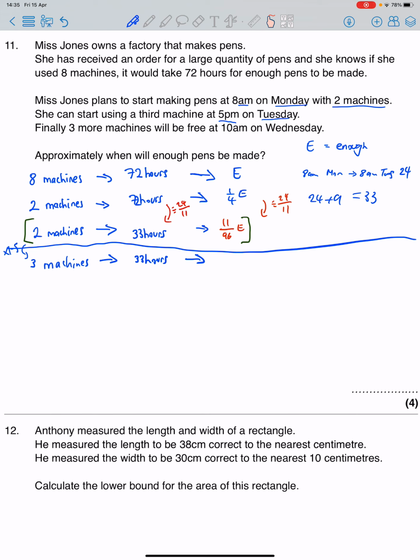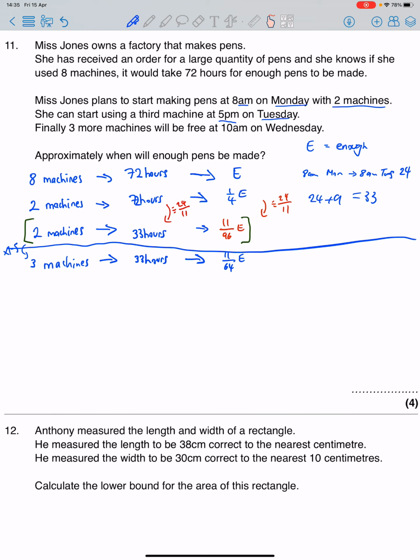Using the calculator, that gives us 11 over 64 E. So again, we're changing just one thing at a time. I'm changing the number of machines, which means one of the 2 things will change, and I'm choosing to change the number of pens that are made.